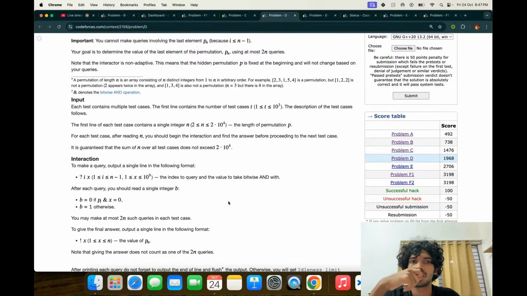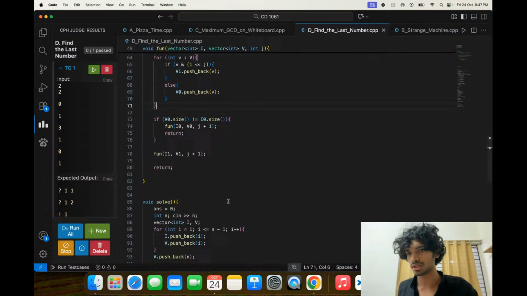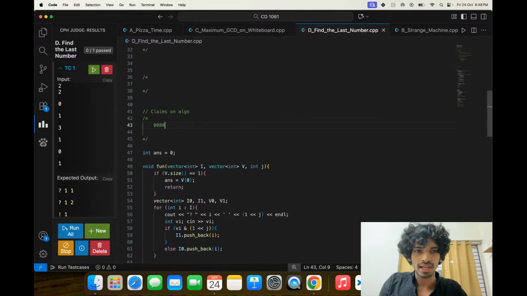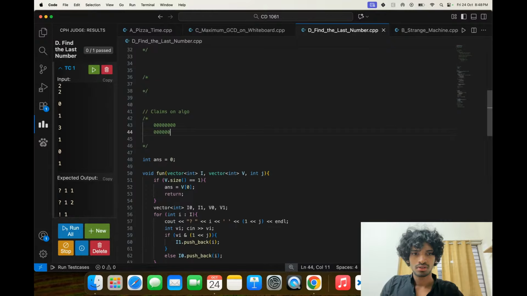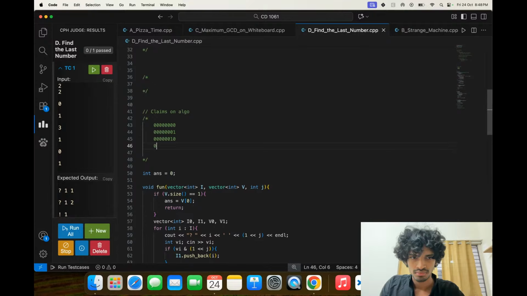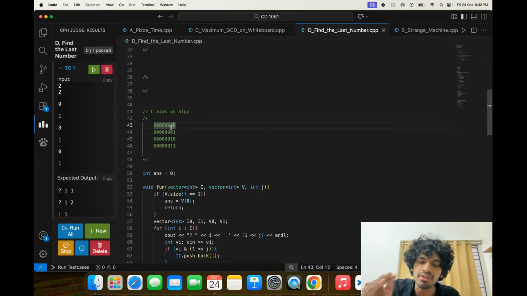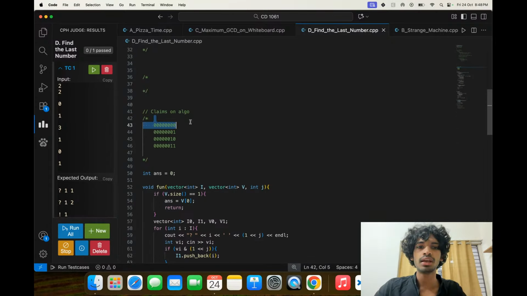Okay, I am assuming it is 010101, but it is not. My assumption was that elements start from 0. Okay, so I thought if we chop off the last one, again we'll have 010101, but then 0 is missing.